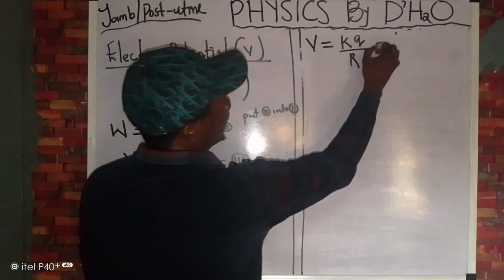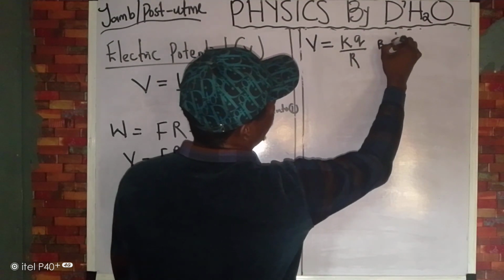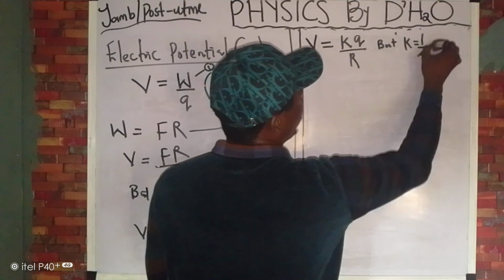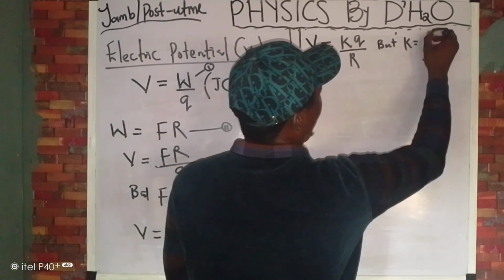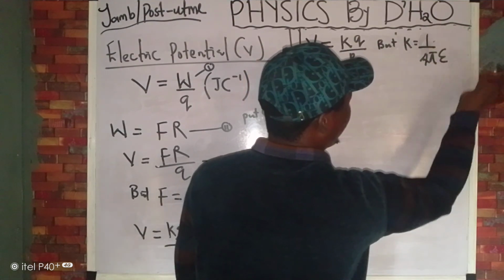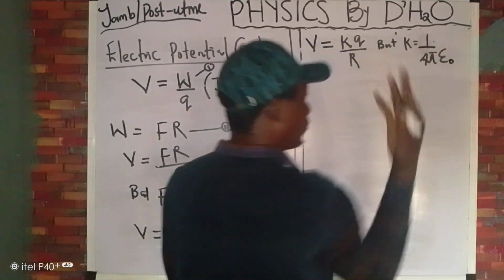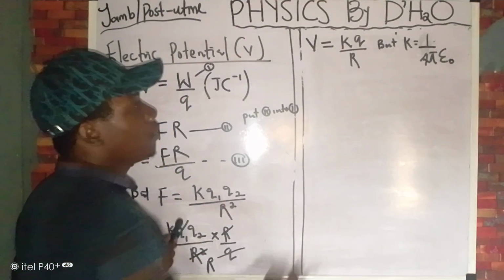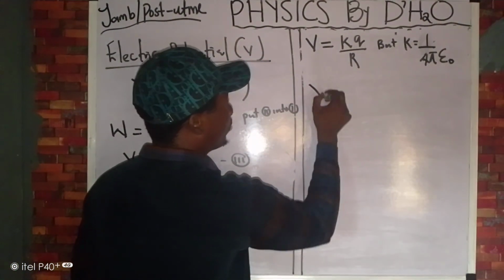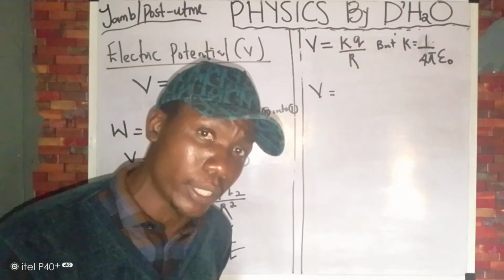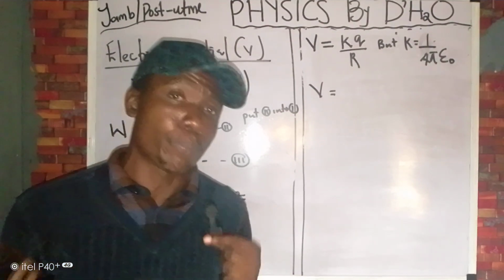Now, remember that your K is equal to 1 over 4 pi permittivity of free space or medium. So we can put free space, if we are assuming that it's free space. Now put this into this, so you have V equals... you know this is the actual formula, but you know what K is, because sometimes they can give you an expression in the exam.